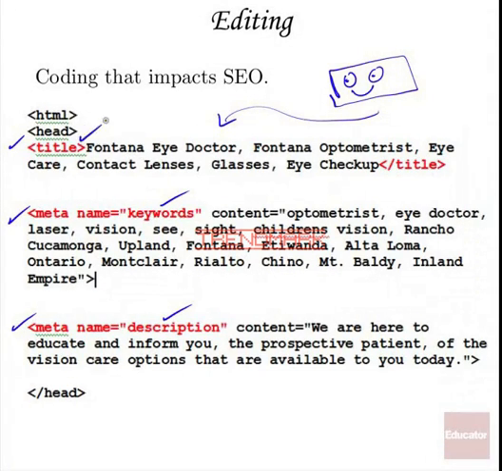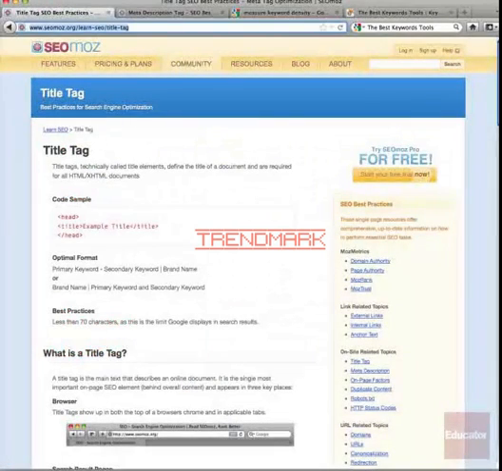Okay, here is the title tag. So I'm going to open up a browser, Mozilla, and here you see a web page from SEOMoz.org. It's a great website for you to look at and learn about the different tricks of the trade. They really do a good job offering articles and tutorials, especially on SEO.